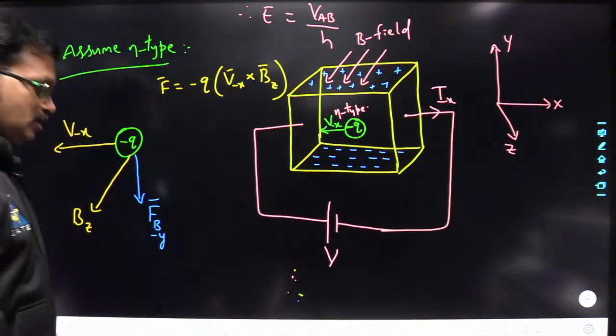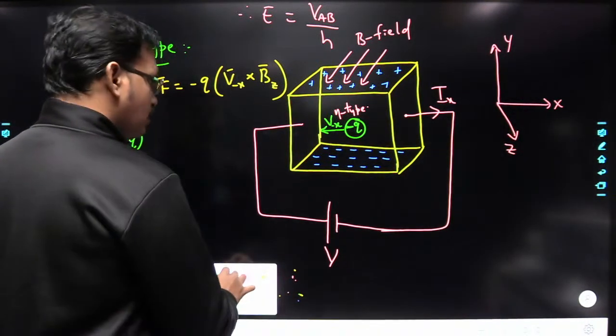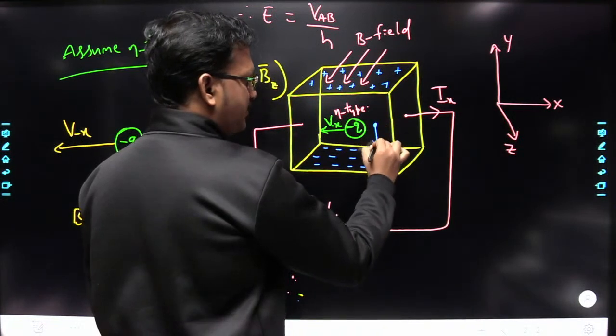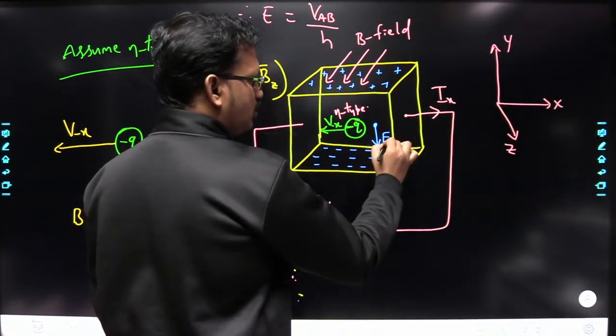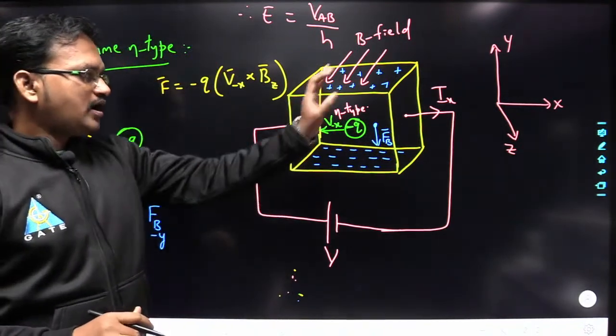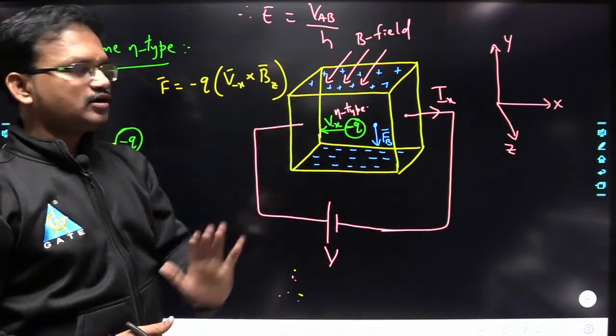Right. Okay. So here also, initially the magnetic force is acting in downward direction. Because of this, the accumulation of charge carriers takes place at the bottom plate and top plate.